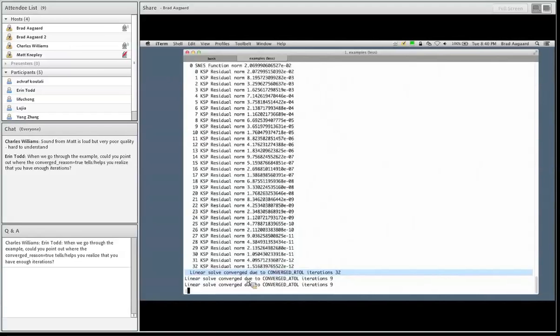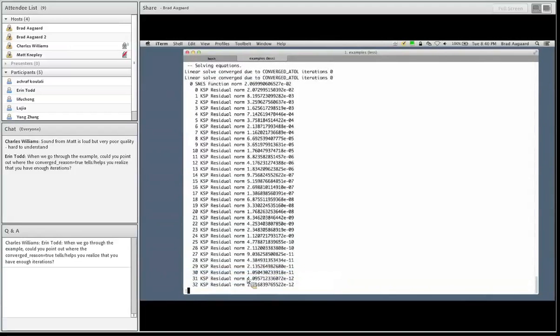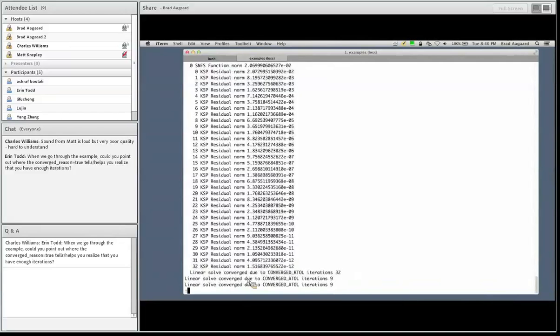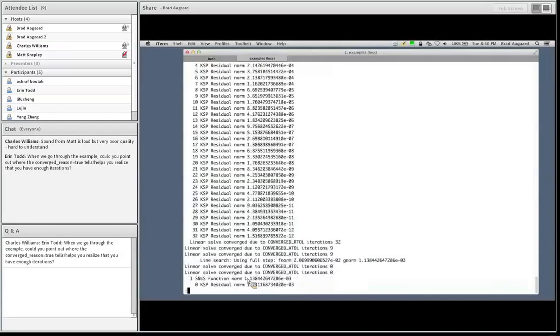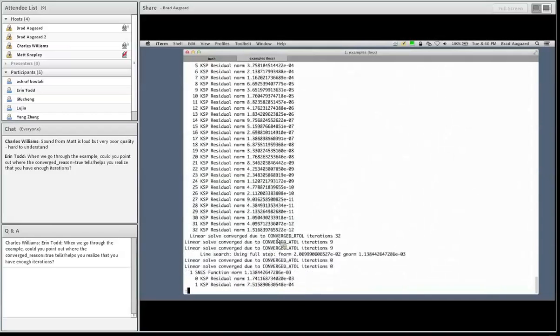In this case, we converged due to our linear solver relative tolerance earlier than we really wanted. Normally we'd want this to be an absolute tolerance, so we may have to adjust parameters there, but it's still a very small value, so we may be able to get away with it.